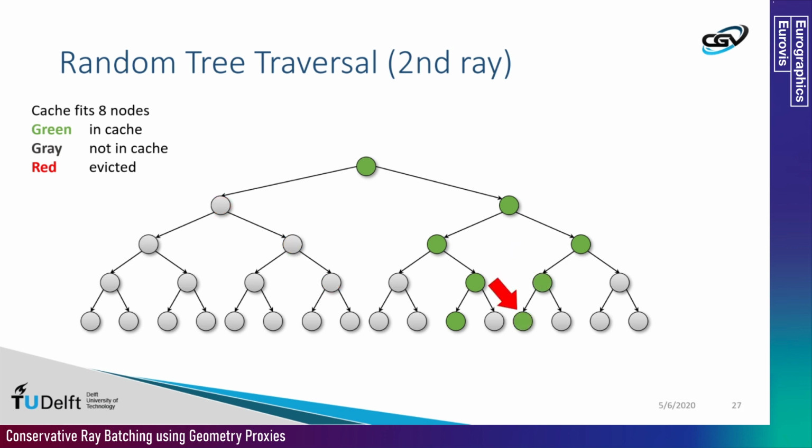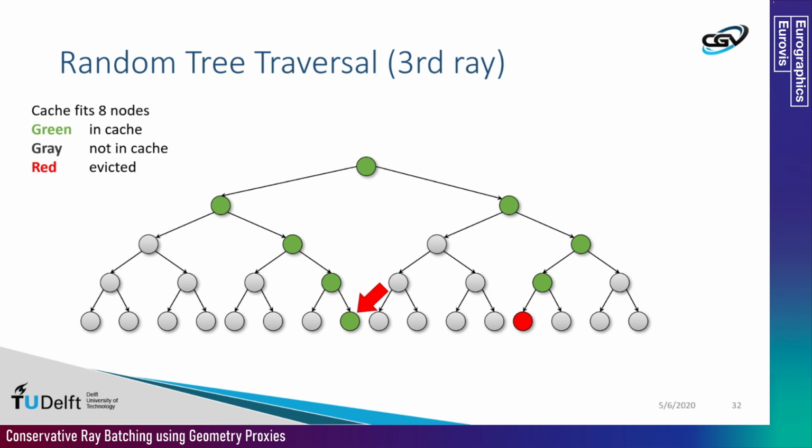And we reach another leaf, and we find an intersection, so we are done for this ray. Finally, we have a third ray, that has roughly the same origin and direction as the first one. It also takes a similar path through the acceleration structure as the first ray. However, we have to load all the nodes again, because we just evicted them while traversing the previous ray.